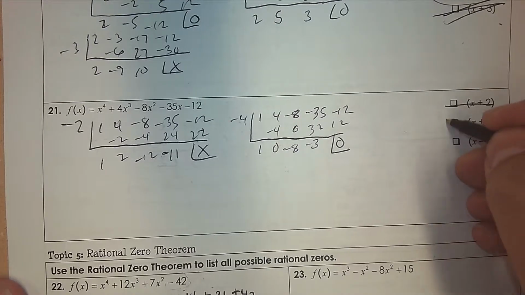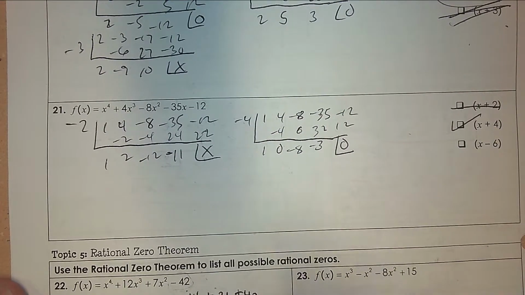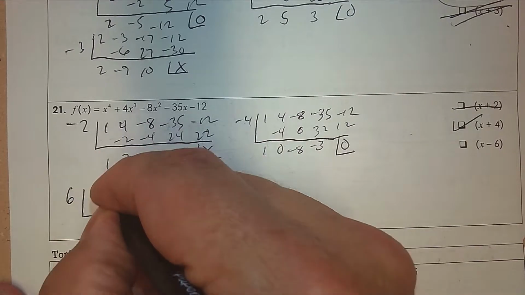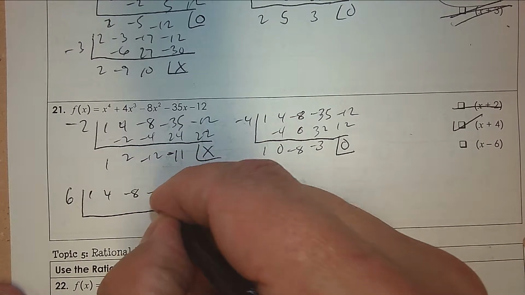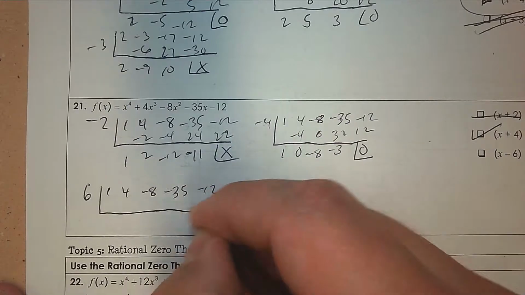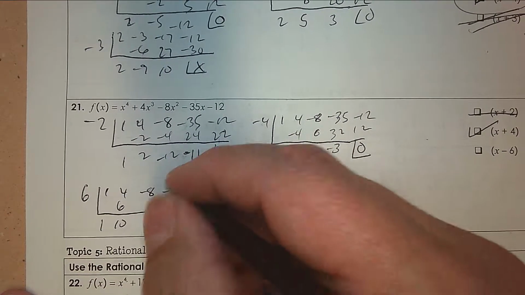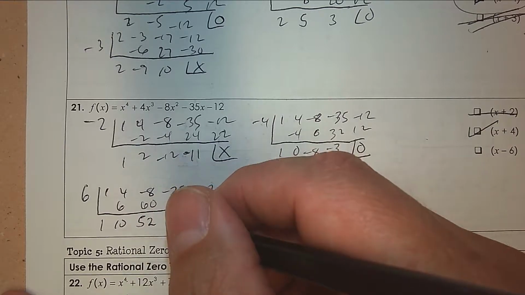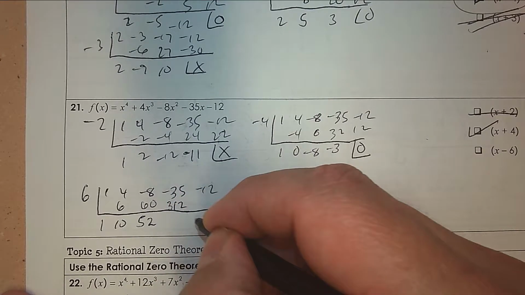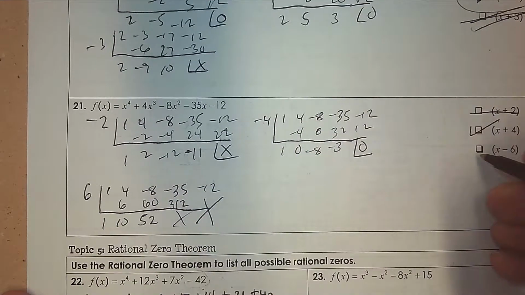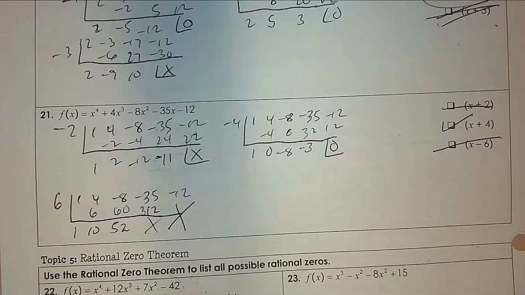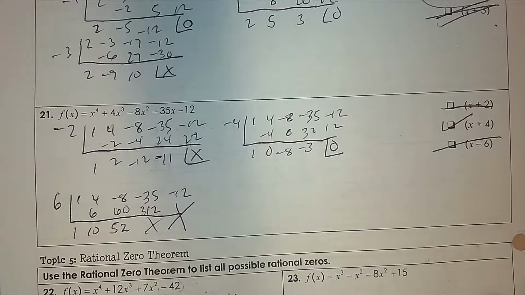That one works. And then the last one, 6. This is going to go way out of control. So I can tell that that remainder is not 0. As soon as I realize that the numbers are getting huge and there's no way the answer is going to be 0, I just stop. I don't need to keep going.